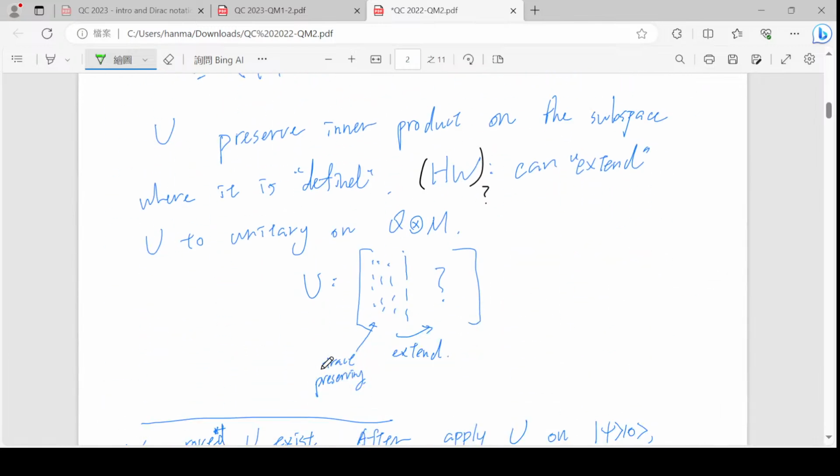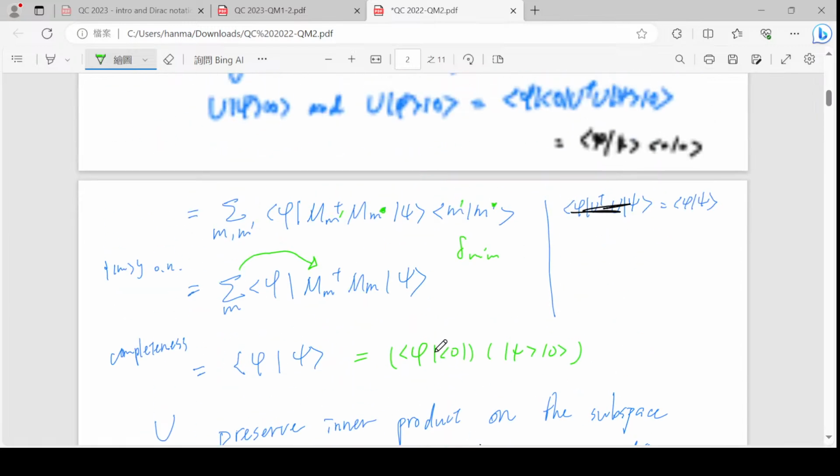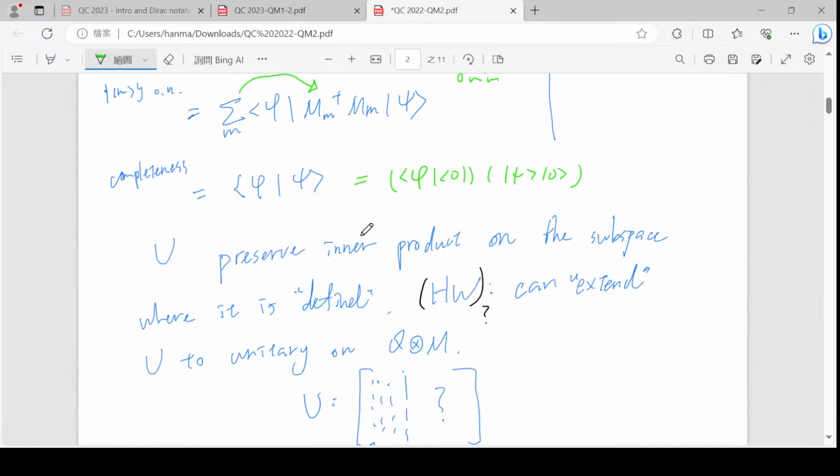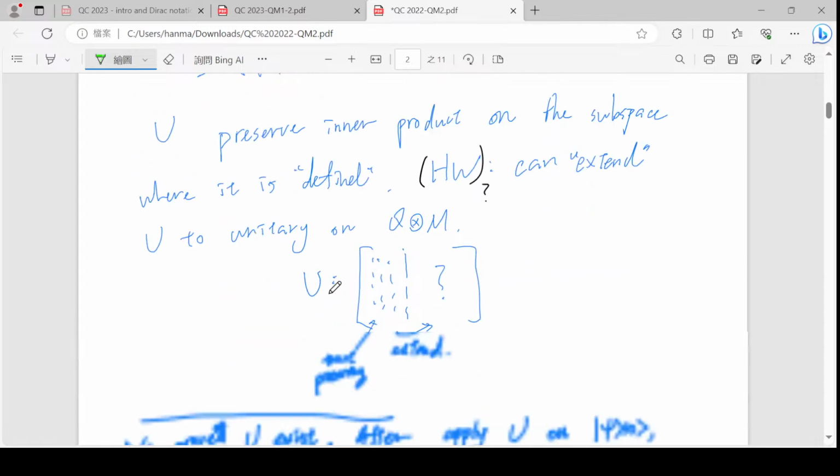But the thing is, you can do whatever when the second register is not 0. So if this is 1 to n, then we don't really care what you do here. And because we have a lot of freedom, we can always complete U to a unitary.